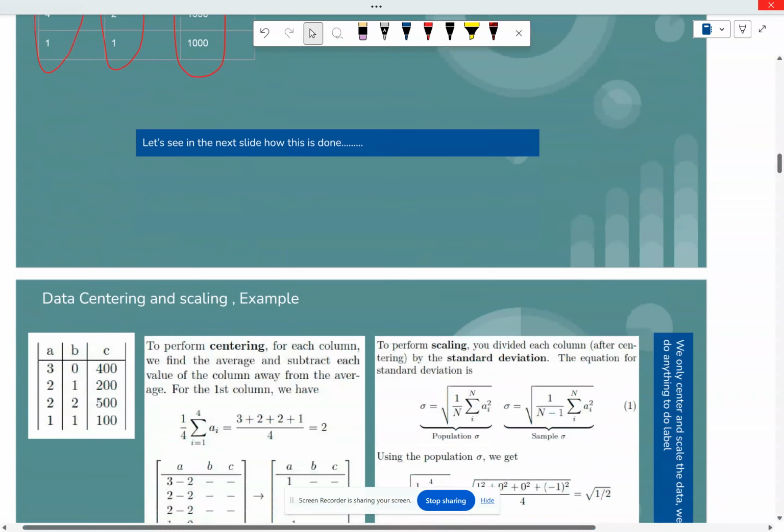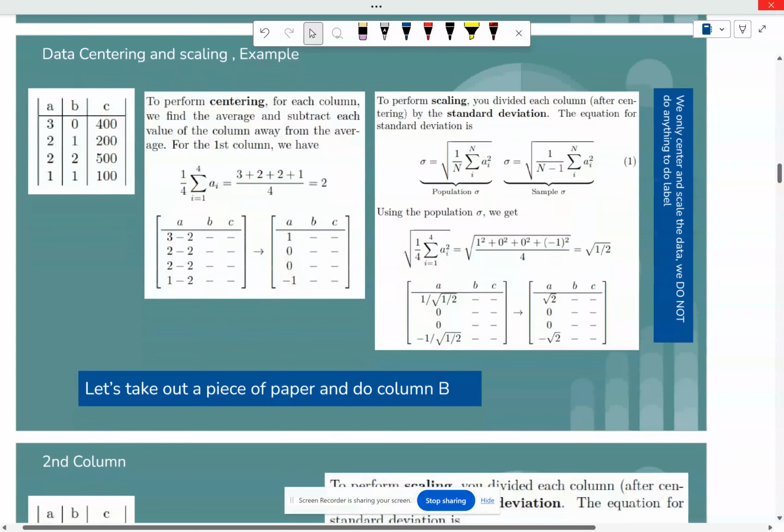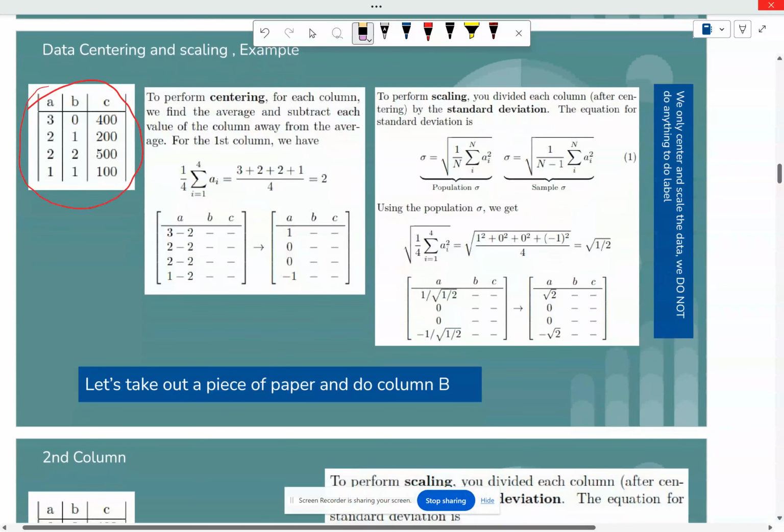So let's see how this is done. Let's say that we have data, and obviously A and B are about the same size, while C is much, much bigger. What we do is look at each feature, which is each column, and subtract the center away. That is called centering. Essentially we find the average value, which is 2.